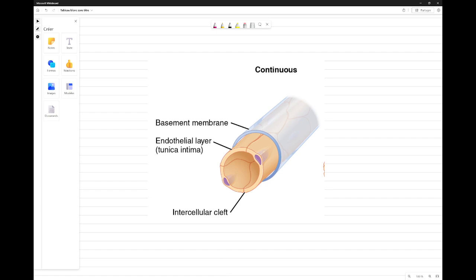So it's just one layer, and this really speaks to the function of the capillaries. What really happens in the capillaries is gaseous exchange. Notice that it's one cell thick, so it will have intercellular clefts.